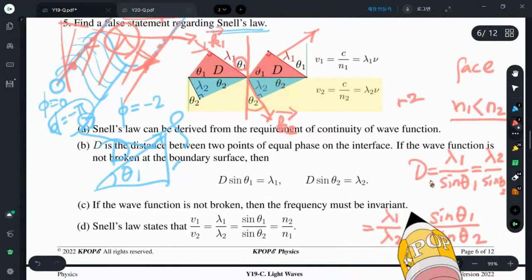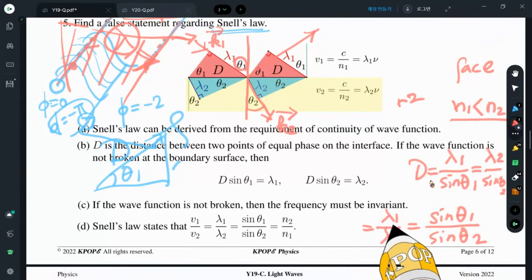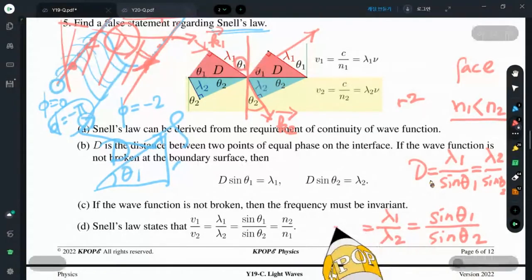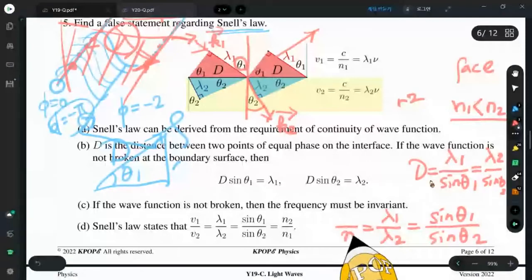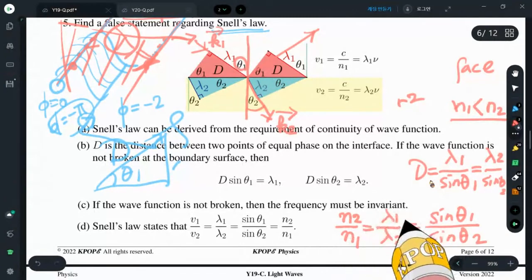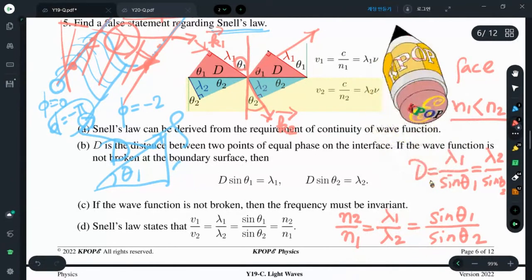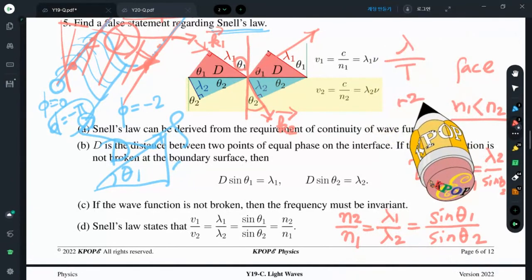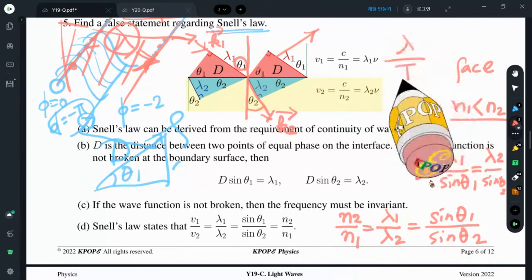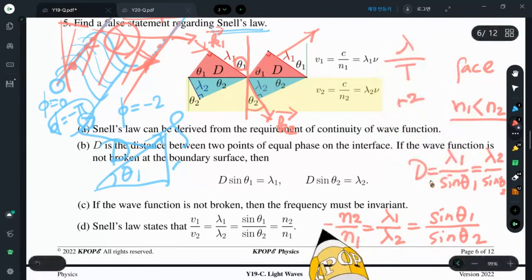We know lambda is inversely proportional to the index of refraction. It should be flipped, but lambda over period is the speed of light. So lambda over period is the velocity. This is Snell's law.